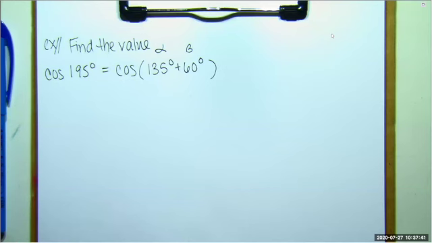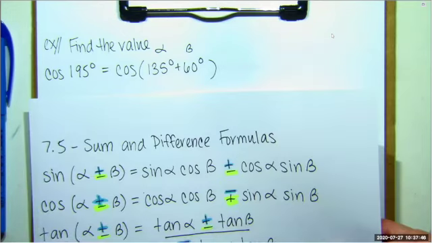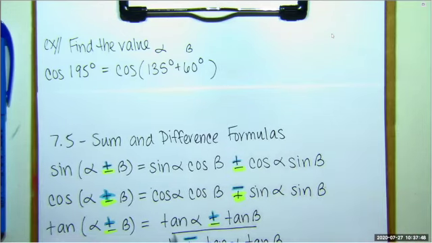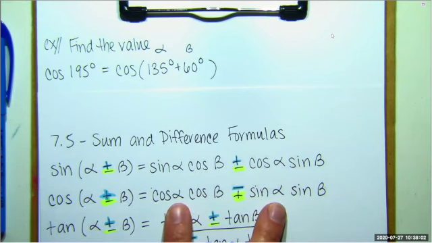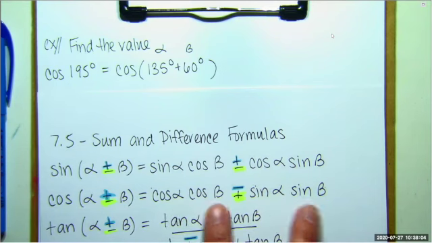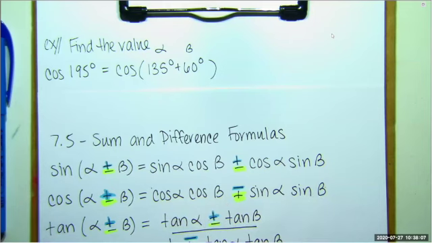Okay, now we want to look at our formulas. Here's our formula. We have cosine of alpha plus beta. The plus is the top operator. This tells us this is equal to cosine alpha cosine beta, and the top operator is minus sine alpha sine beta. So I'm just going to plug everything into this formula. Where I have alpha, I'm going to plug in 135 degrees, and where I have beta, I'm going to plug in 60 degrees.